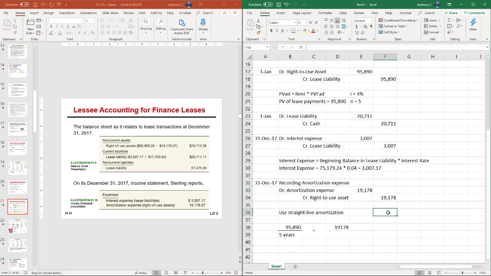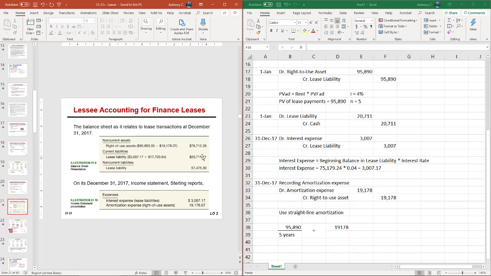So at the end of the year, when we report lease assets and lease liabilities, these are going to be reported separately from other assets and liabilities on the balance sheet. Alternatively, the company could disclose the lease assets and liabilities in the notes to the financial statements. So just like with any other long-term liability, the currently maturing portion of the lease liability is listed in current liabilities.